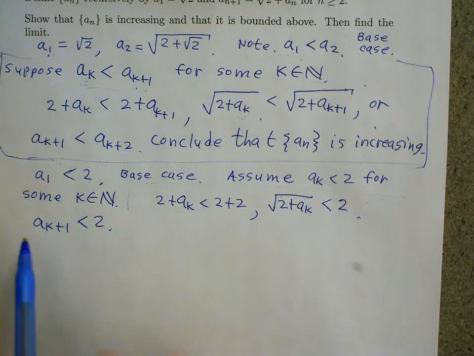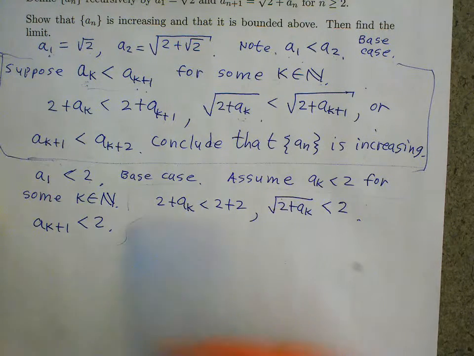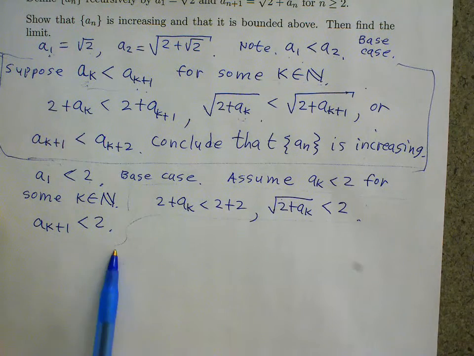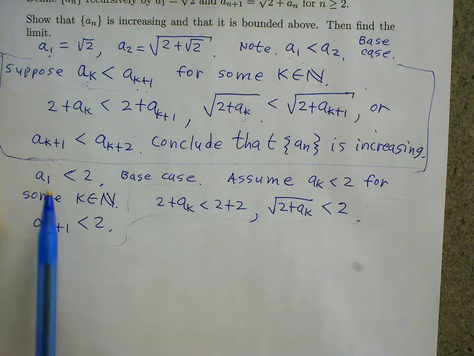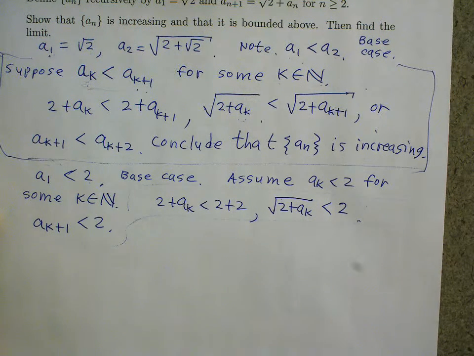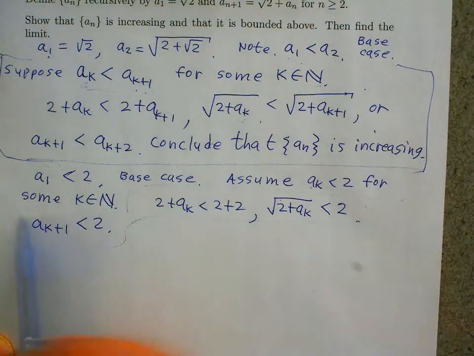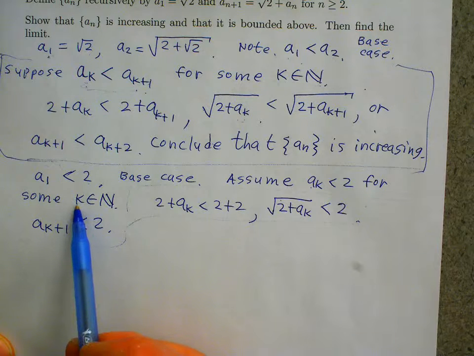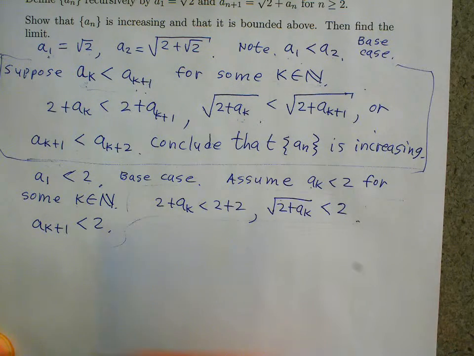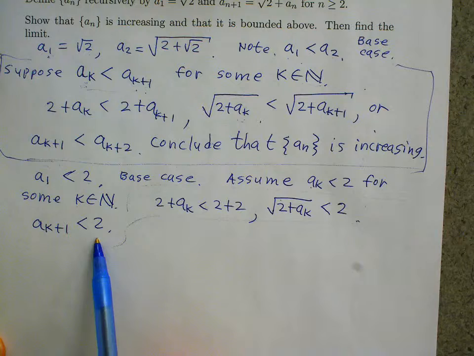So I'll take another stab at explaining the induction. We showed that a sub 1 is less than 2. The very first term is less than 2. Then if we suppose that a sub k is less than 2 for some natural number k, we successfully showed that the next term is also less than 2. A sub k plus 1 is also less than 2.